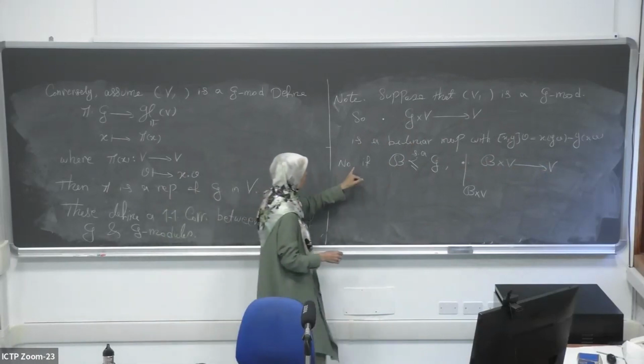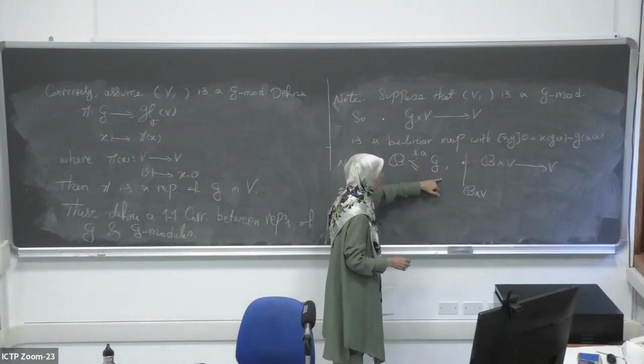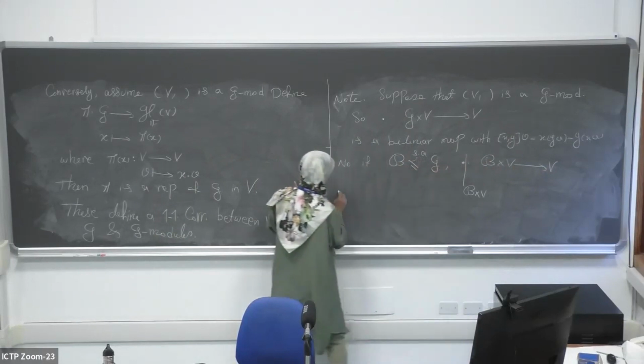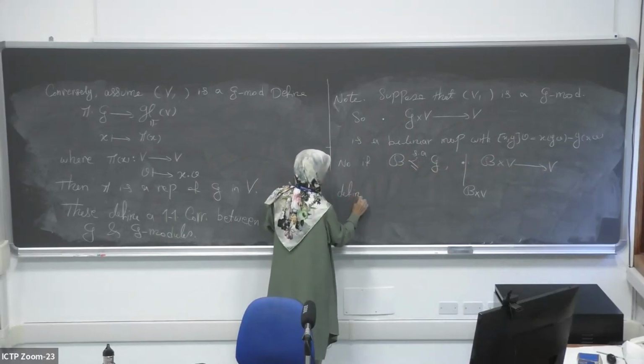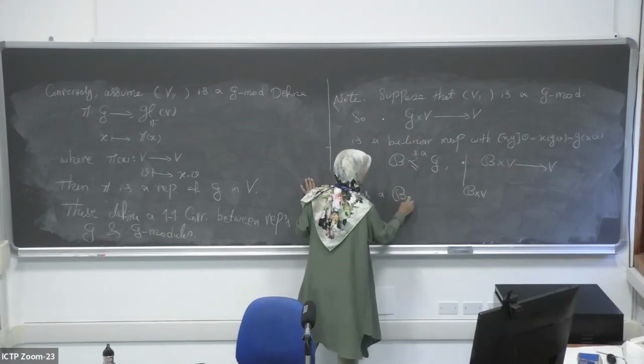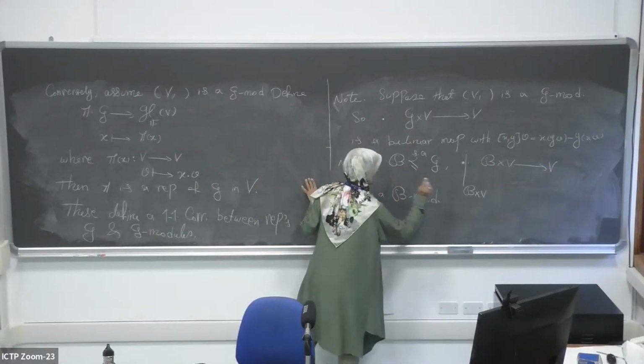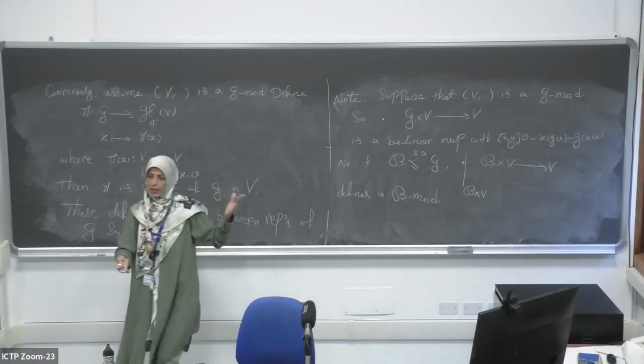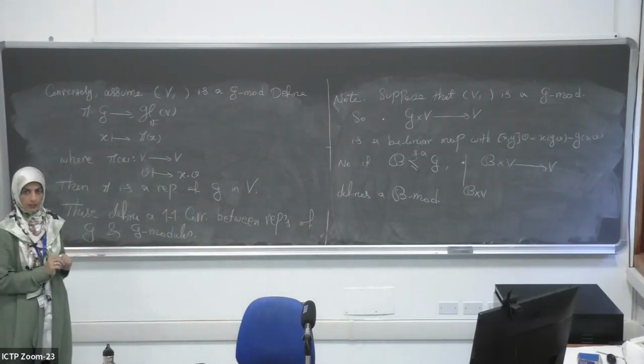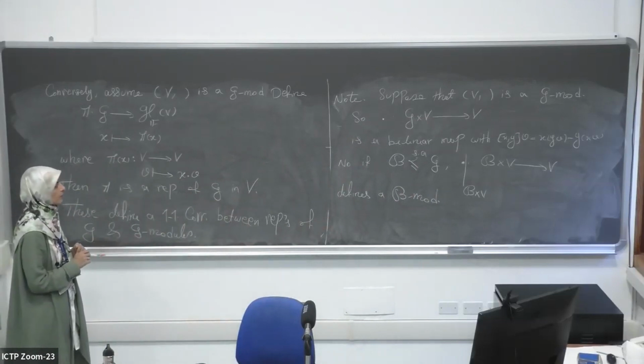So if B is a subalgebra of G, then this defines a B module. So whenever we have a G module and a subalgebra, then we can talk about a module over that subalgebra.